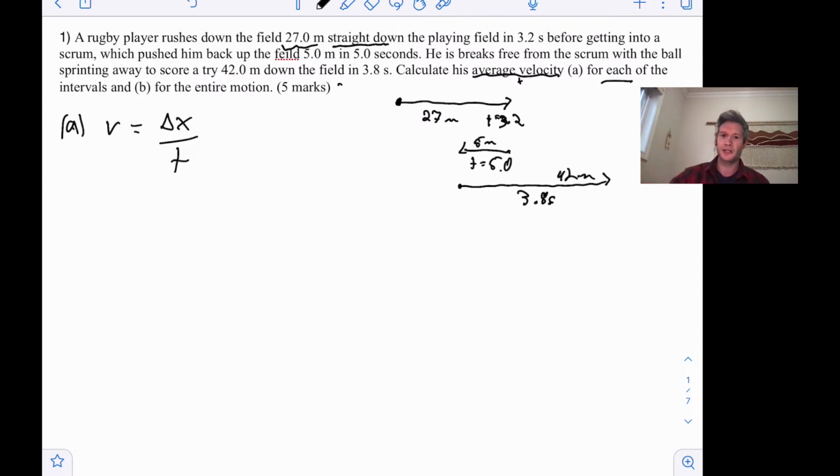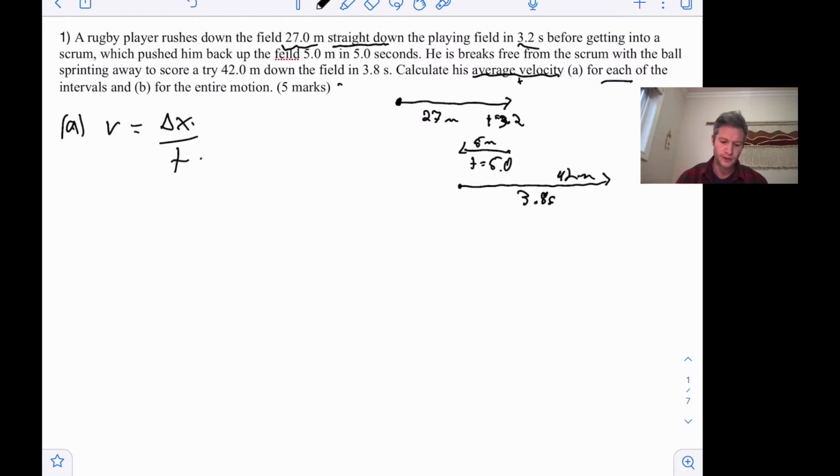It's not a curved distance, so it's not just the magnitude of a variable, so that means it's not going to be distance. So we have this set up. We're feeling pretty good because we're also given time. So we know that we have both of those variables. So this is great. So we can start figuring out how we want to solve this.